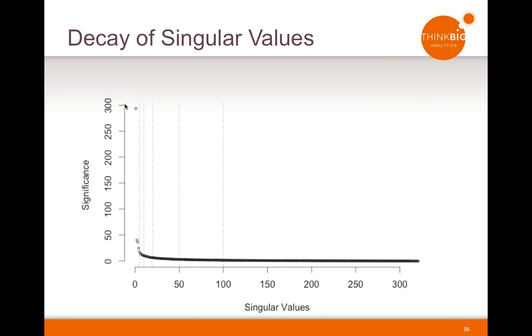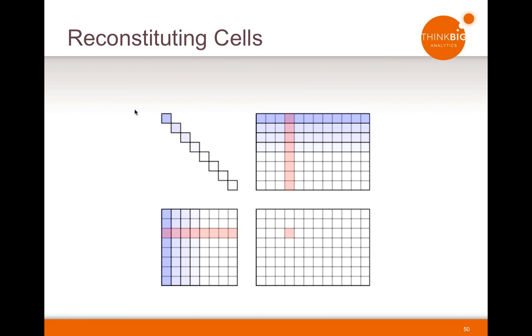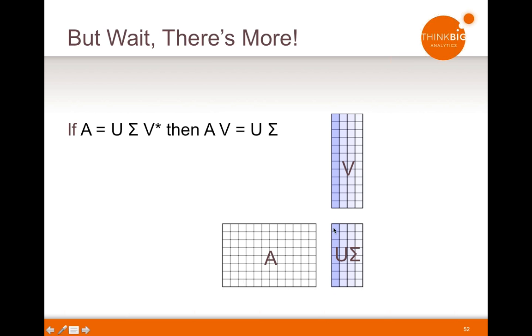it's a little bit difficult to say, but you could say that if we go back to one of these visuals, and so if this is 300, and we say U times sigma times V star equals A, but also A times V equals U times sigma, going forward to this one.